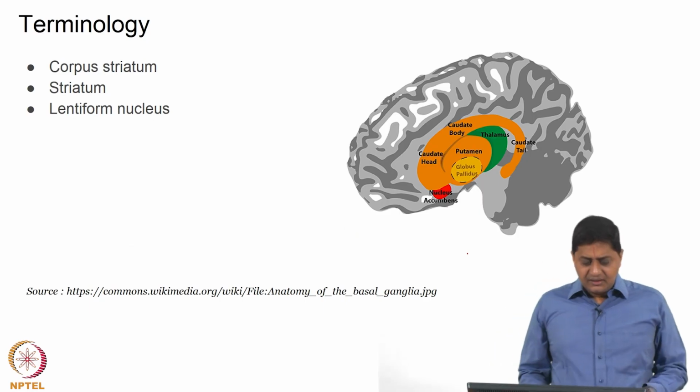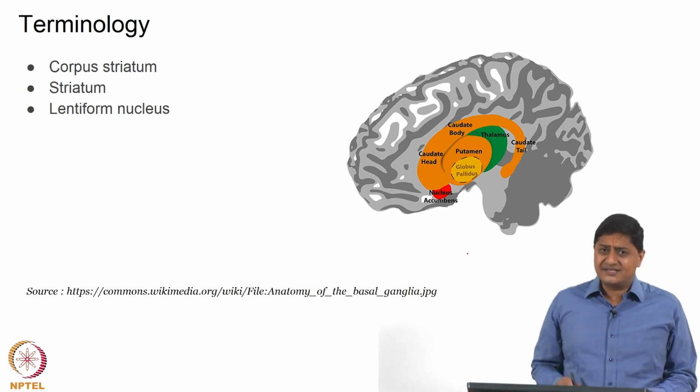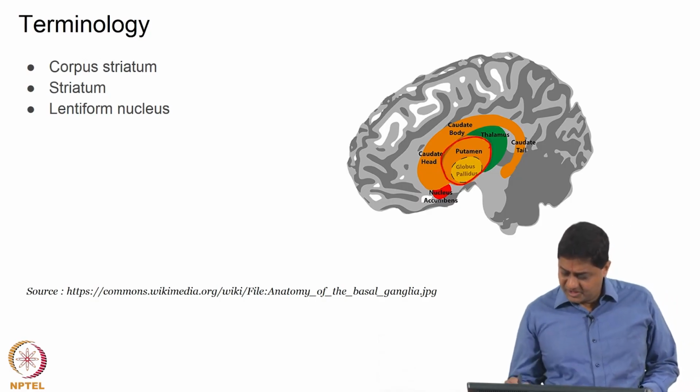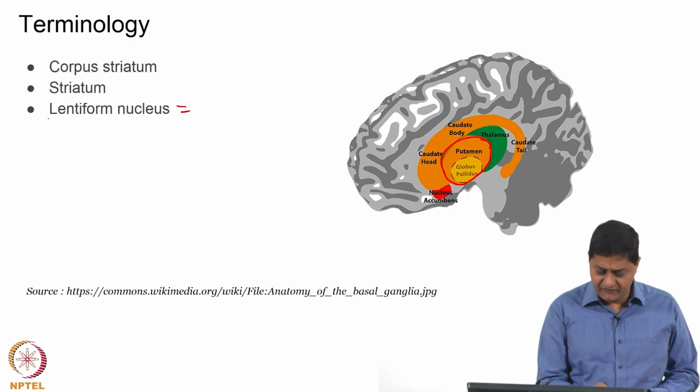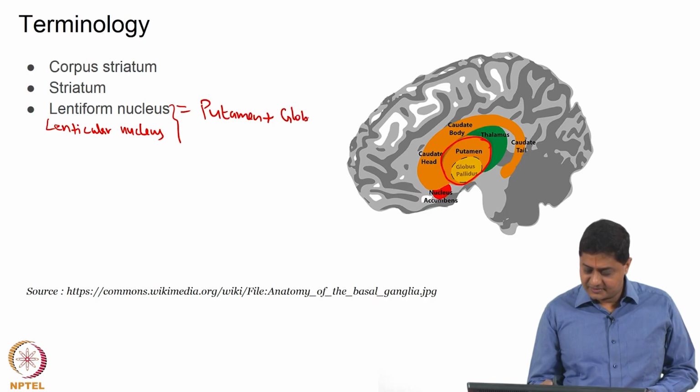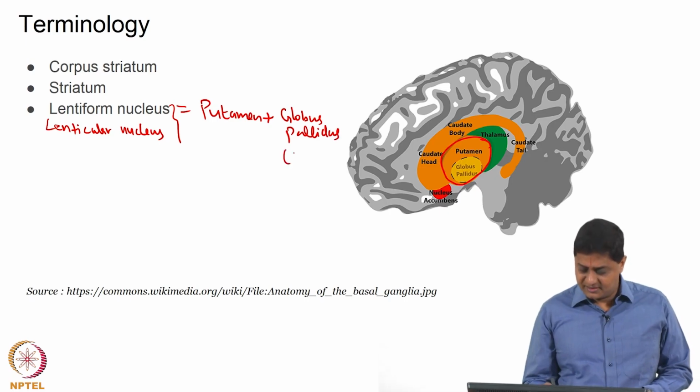So, there is several terminology that is used in several texts. Traditionally, the putamen and globus pallidus together are called lentiform, or in fact some texts refer to this as the lenticular nucleus. This is basically putamen plus globus pallidus. Sometimes globus pallidus is referred to as pallidum. Sometimes this is also called paleostriatum, or the old striatum.